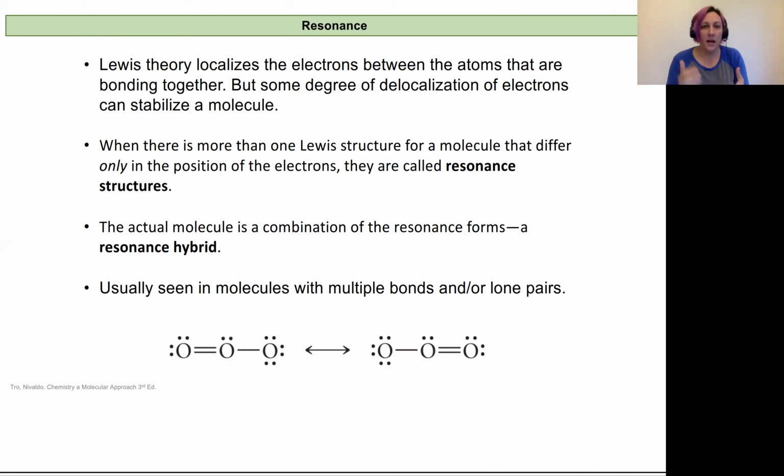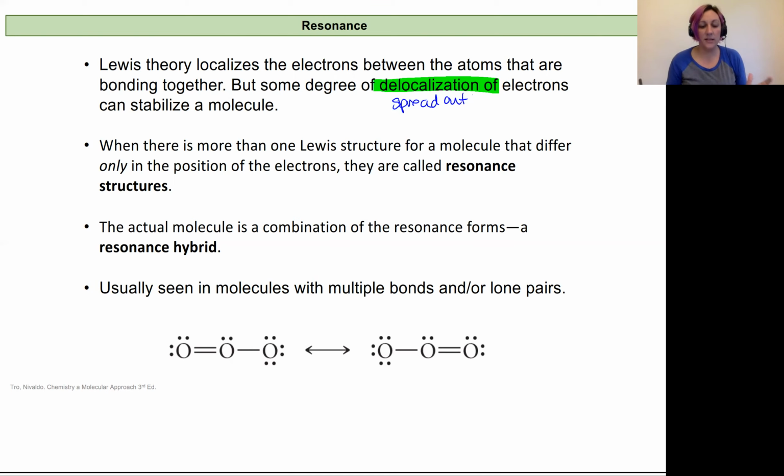But some degree of what we call delocalization of electrons, let me highlight that, it's an awesome word, can actually stabilize the molecule. Delocalization means to be spread out, to not be pinned to one spot, rather than just in between the two atoms.